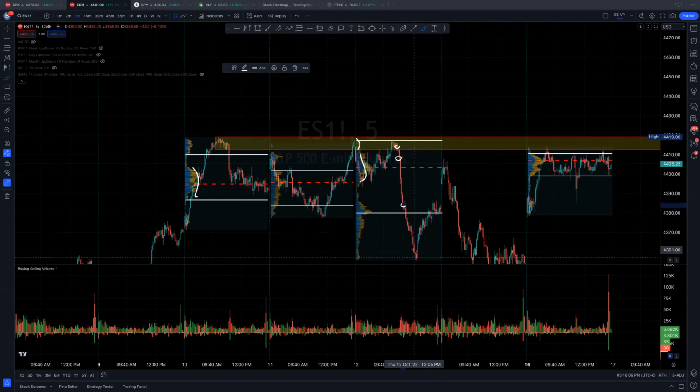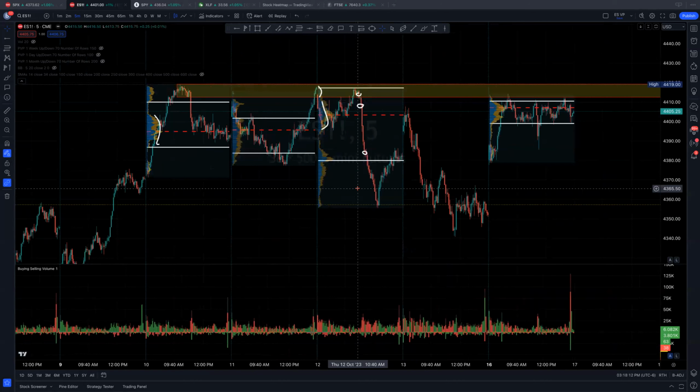It went another 20, 30 points. And it's not rocket science, guys. It really comes to looking at other tickers to see if momentum is looking pretty good or pretty bad for the upside or downside.